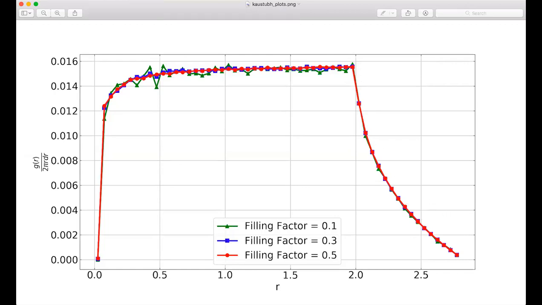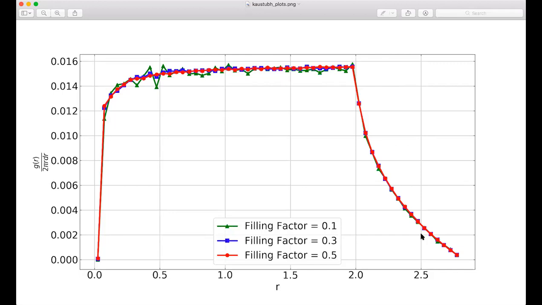Yeah, so shall I answer? You want to show something? No, I just want to say that you are asking the reason for this kink. First, I want to understand which part this is in terms of the distance, which part of the physical system this is. So this is the part where the length exceeds L by 2 up until L by root 2. Because if the size of the box is L and the box is a square one, then up till L by 2, everything is inside the box, the circular region.